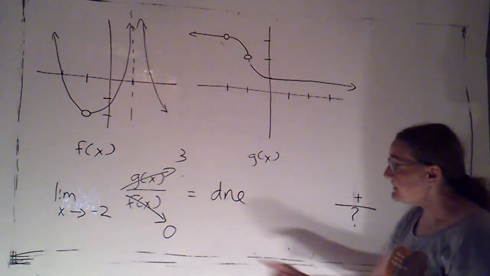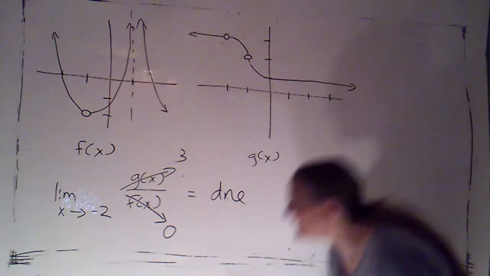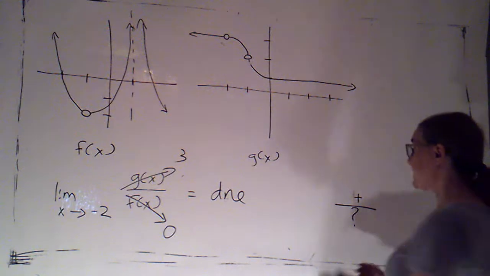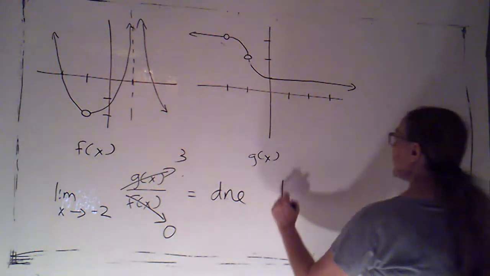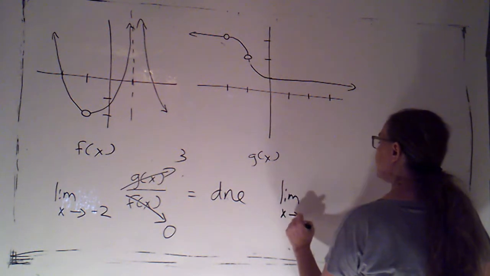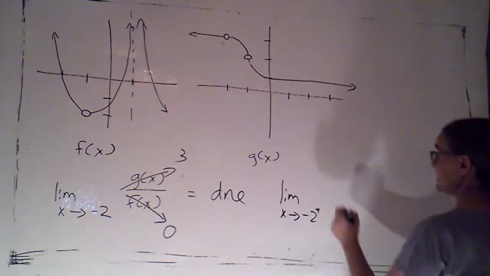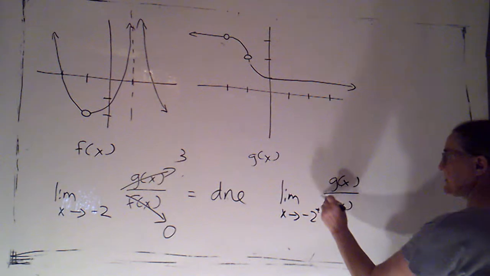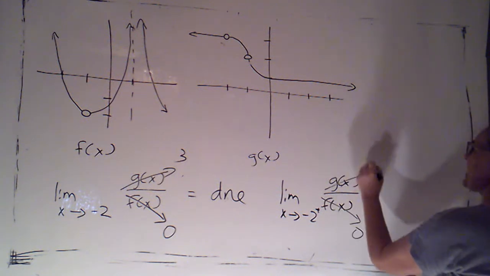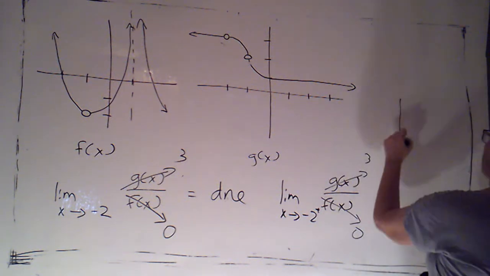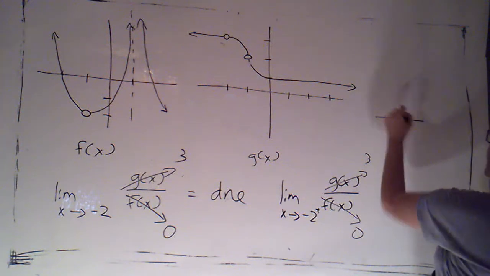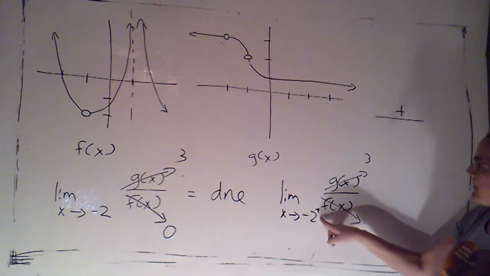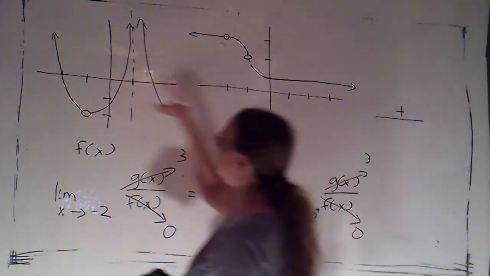Don't get that, though, just from the fact that the denominator is 0, because let's now change it. Let's look at this as the limit as x approaches -2 from the right of g of x over f of x. Now still, the bottom's going to 0 and the top is going to 3. When I do my sign check, the top is still positive, but now we're approaching -2 from the right.